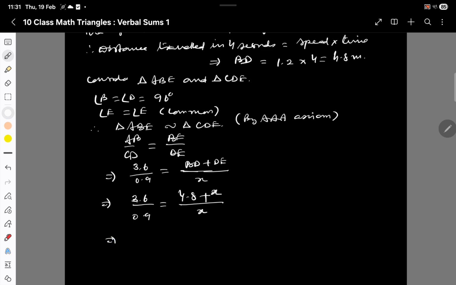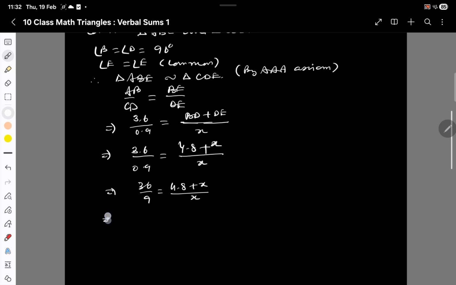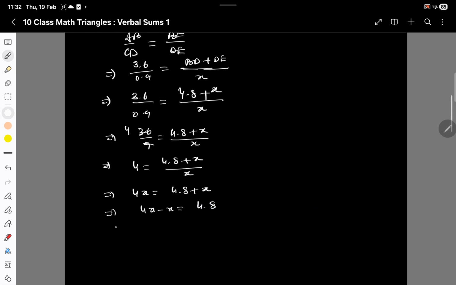This implies 3.6 by 0.9, that is 36 by 9, is equal to 4.8 plus x by x. I can divide it, so 4 is equal to 4.8 plus x by x. This is simple algebra. This implies 4x is equal to 4.8 plus x, so 4x minus x is equal to 4.8.